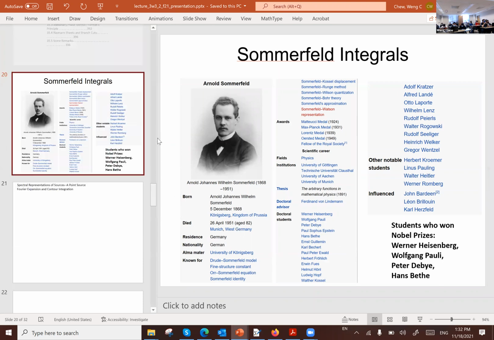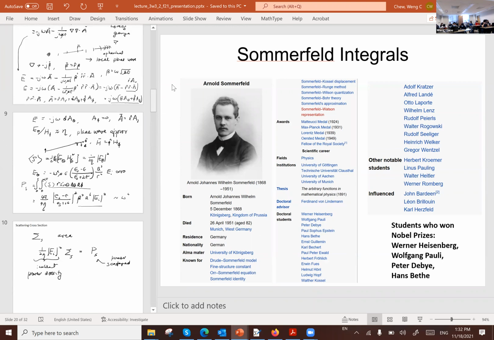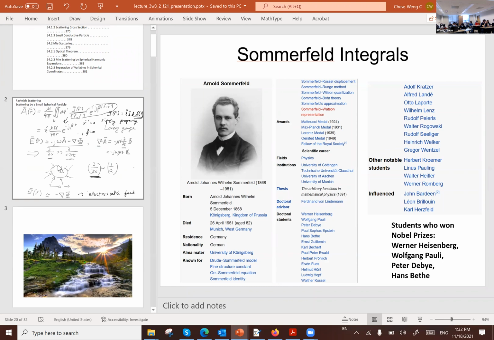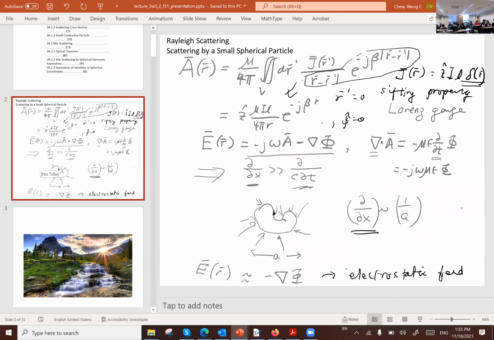Okay. So let's get back to something we talked about last time, which is Rayleigh scattering. I'd like to go over it quickly. In Rayleigh scattering, you do small particle scattering.